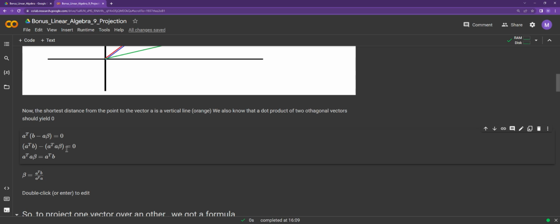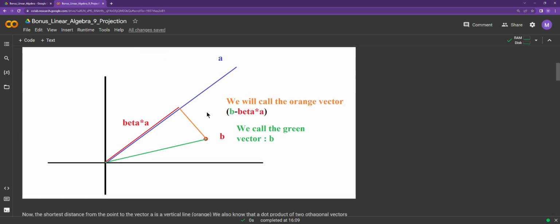And then we are just going to try to calculate beta. Now, beta is a scalar, okay? So all I've done here is basically moving one of these terms to the other side of the equation, and I'm trying to see how I can calculate beta. In other words, all of this was about calculating beta.